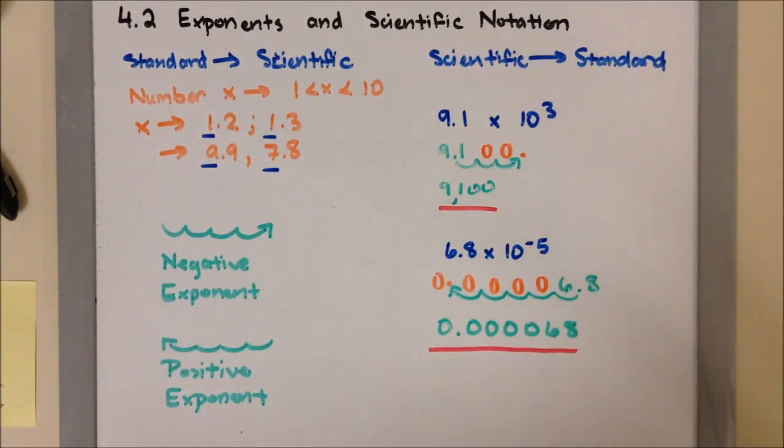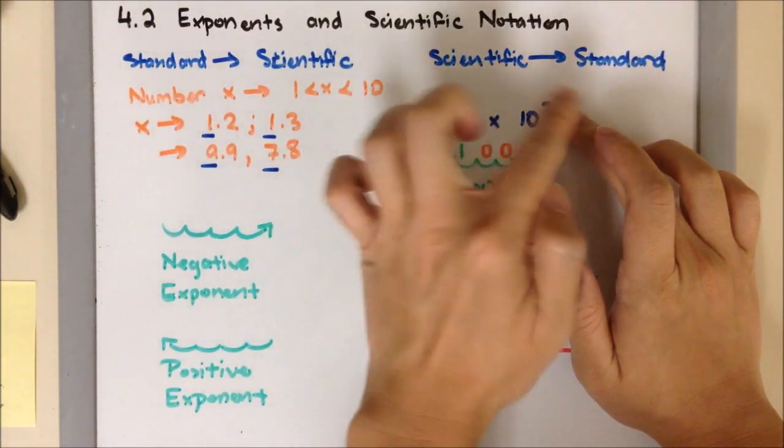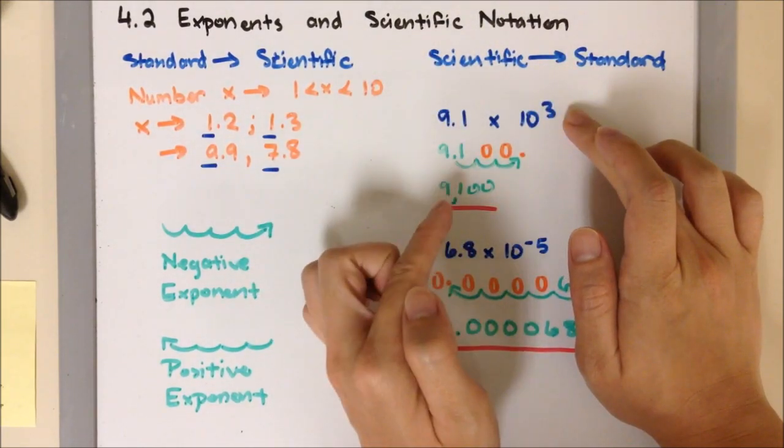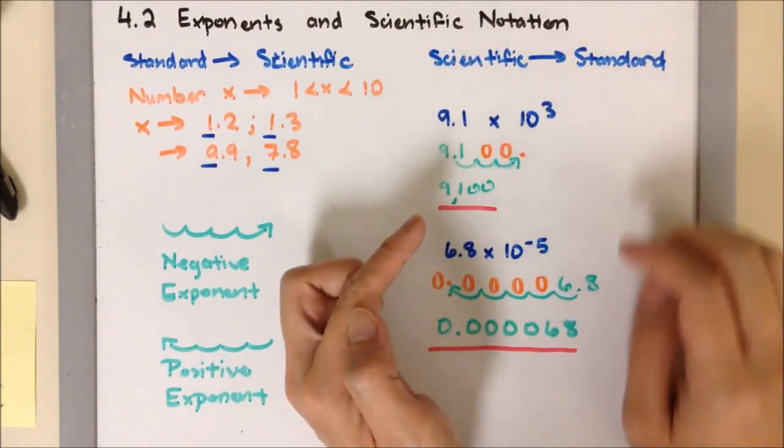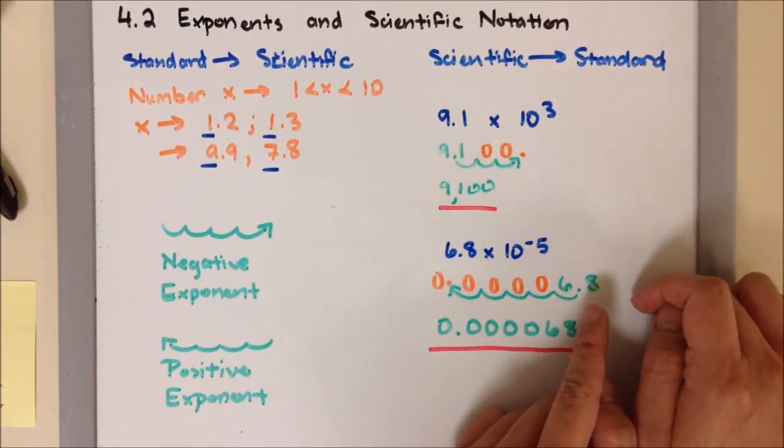There's a pattern that you probably notice: if it's a positive exponent, going from scientific to standard, you move the decimal to the right. If it's negative, going from scientific to standard, you move the decimal to the left.